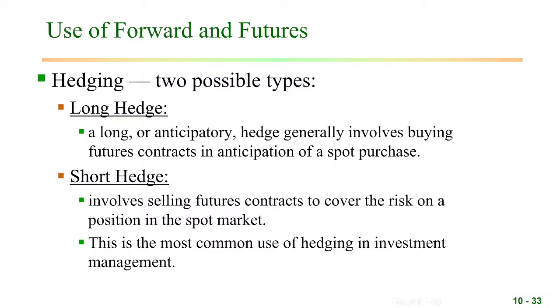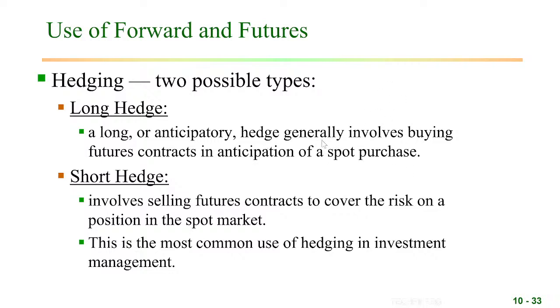And to use these forward and futures contracts, essentially we either do a long hedge or short hedge. A long hedge basically involves buying the futures contract in anticipation of the spot purchase. So basically you are going to exchange dollars into pounds.